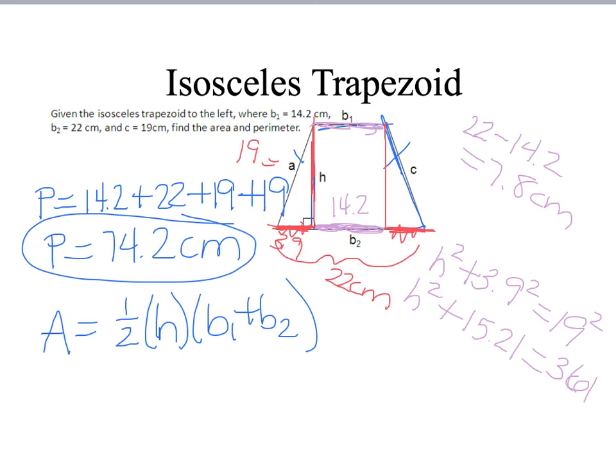Subtract 15.21 from both sides. We get 345.79, and then take the square root, and we get 18.60.